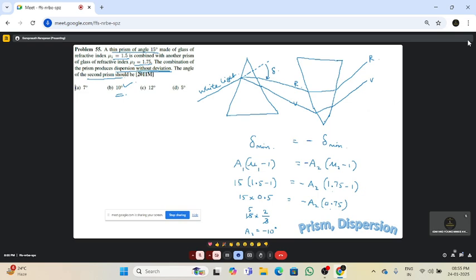I would still choose the positive value because angle of prism is always positive, it cannot be negative. Angle of prism, can it be minus 10 degree? It cannot, right? So it will be only positive. The minus just represents that it is inverted. We invert it to take the deviation in the opposite direction.